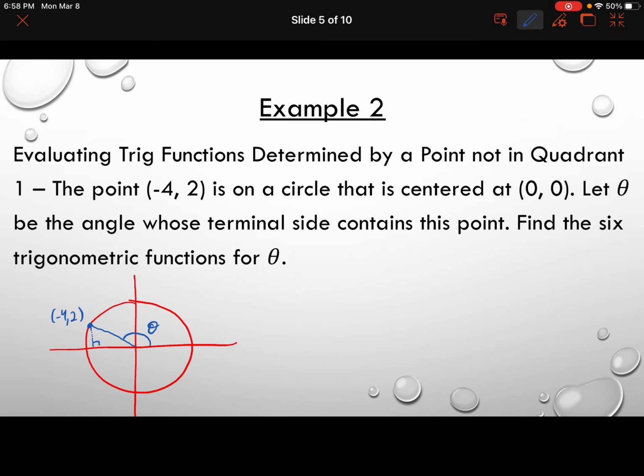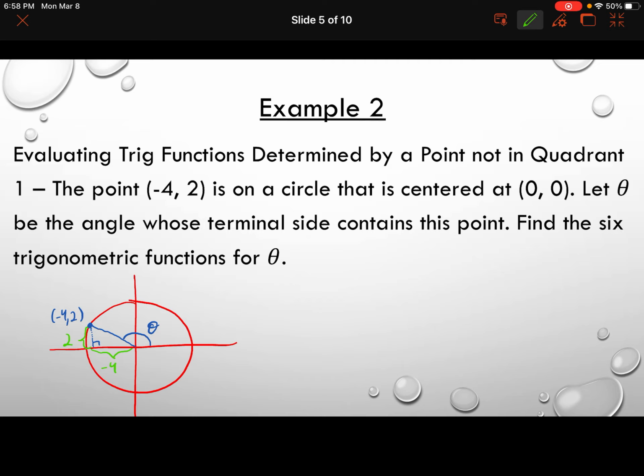Okay, so now let's see. Once again, the point is -4, 2, which would indicate to us that the horizontal side of this right triangle is, quote unquote, -4, and this vertical side is 2.